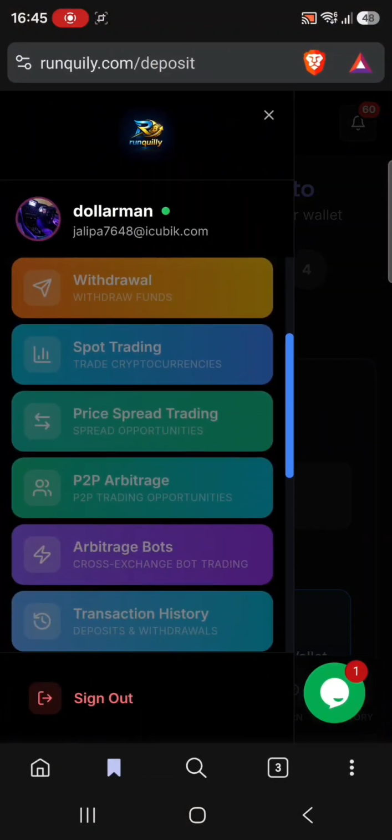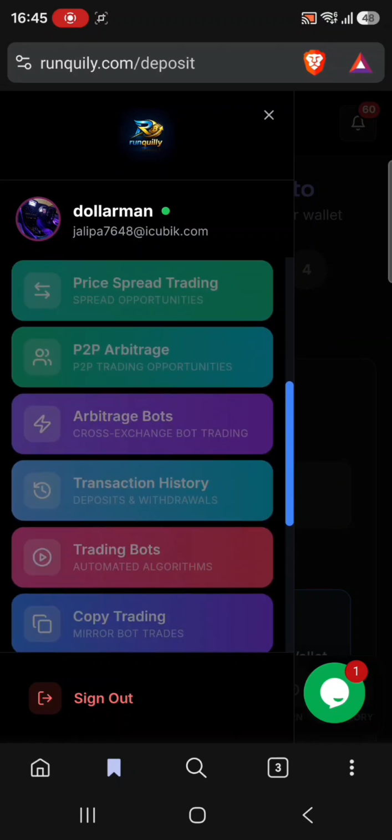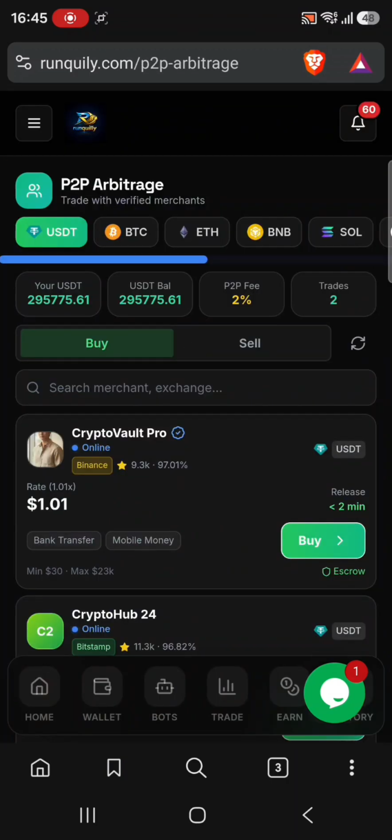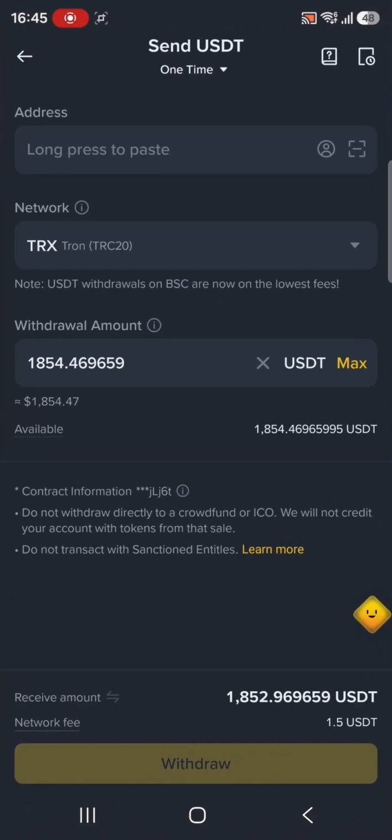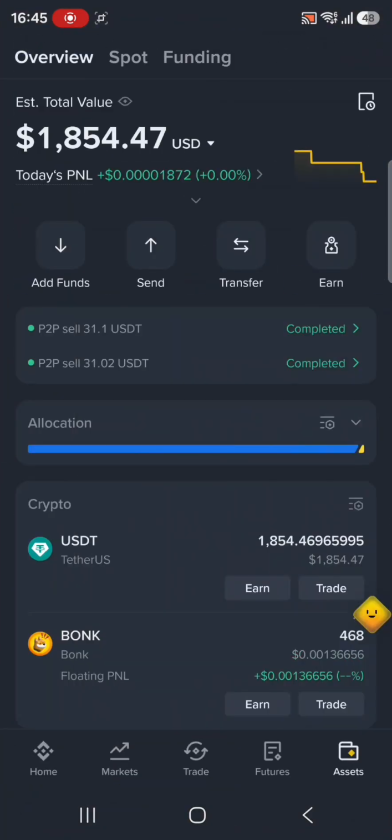So after depositing is when you'll unlock your crypto arbitrage opportunities, where you come on P2P. Then you click on P2P arbitrage. So we bought at a lower price in a centralized platform, that is our Binance in this case. Here we just come and sell. So on Binance, don't sell, just buy.